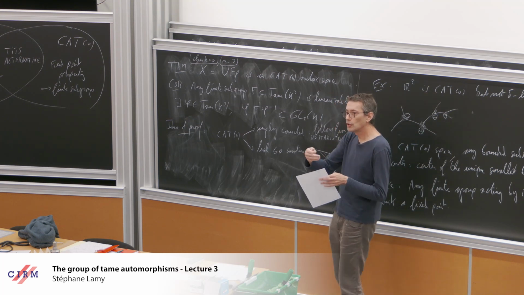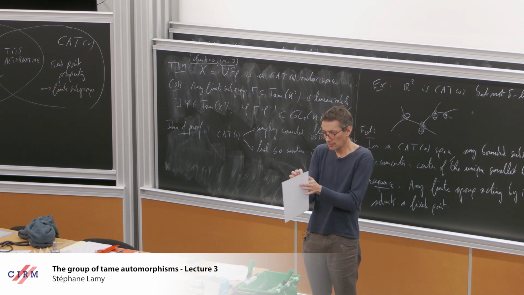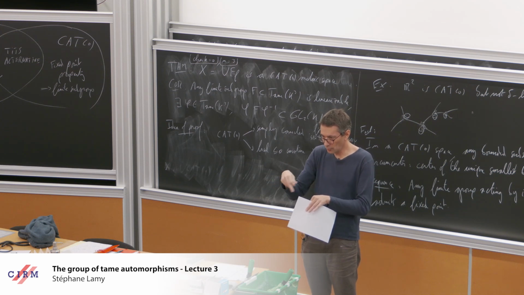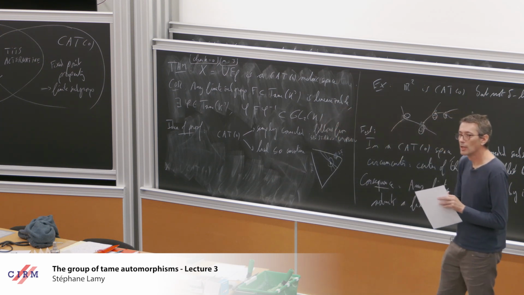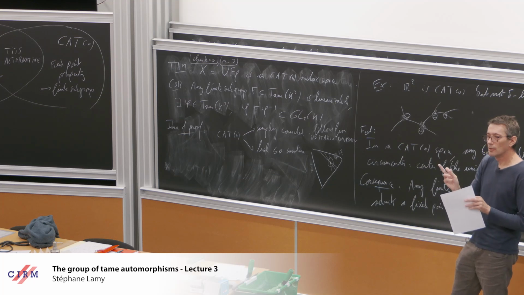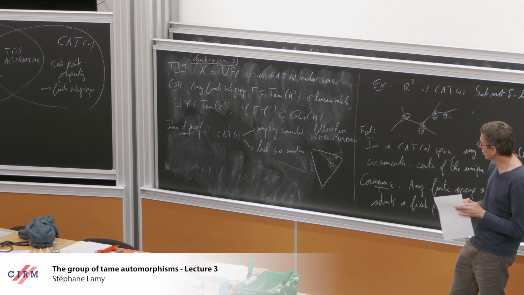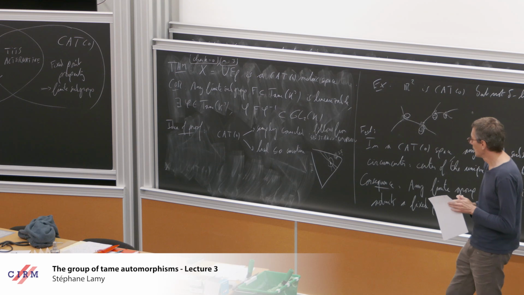So it's just looking at a loop locally in your big complex of apartments, and checking that you have no small loop. The loop visits finitely many apartments, I compute the angle in each apartment, and I do the addition, and it should always be 2 pi or more.